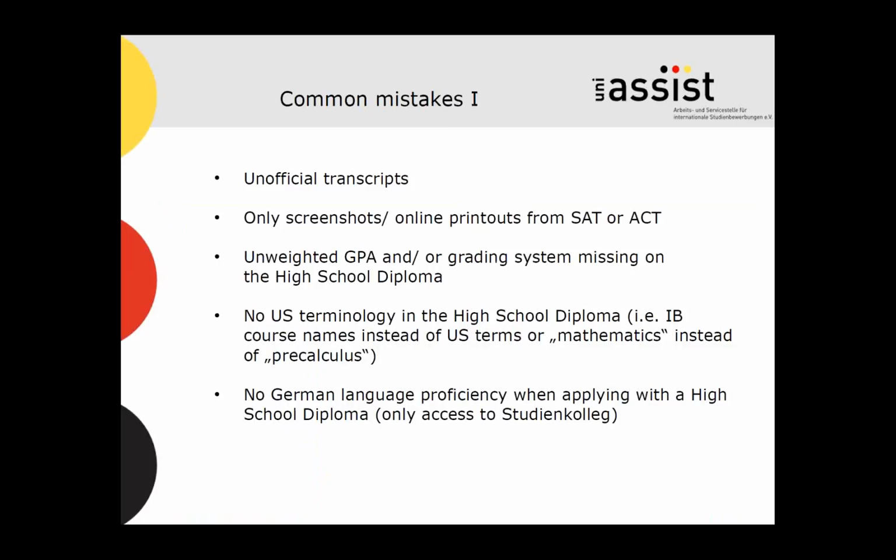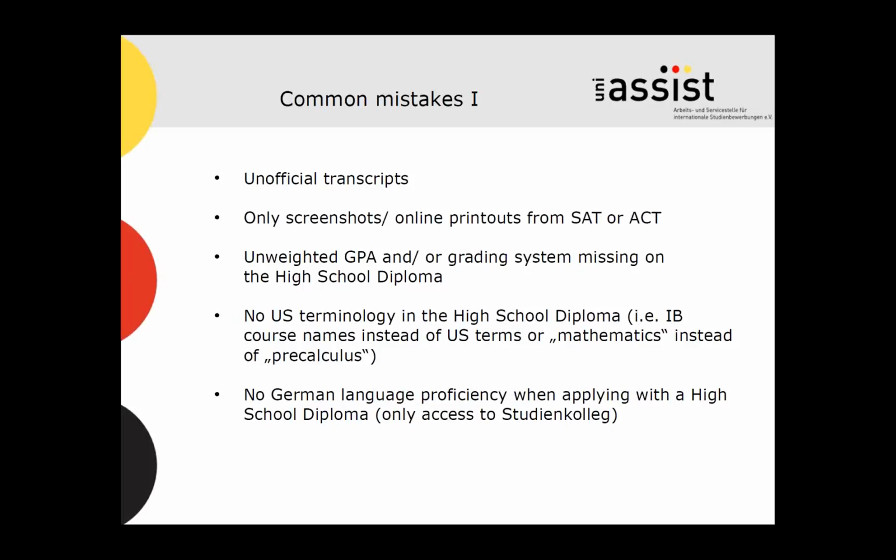So now some common mistakes. As I mentioned, very important is that the transcript, the version that you send us, is an official, the last version of your transcript. Unofficial transcripts we cannot accept. Only screenshots or only printouts from SAT or ACT.